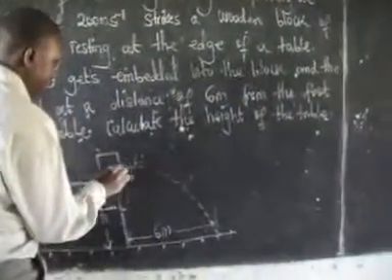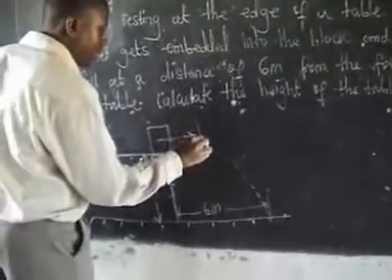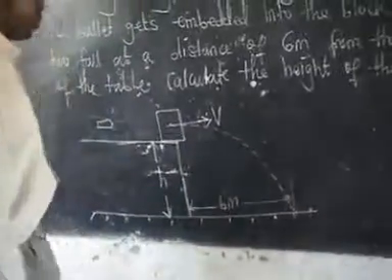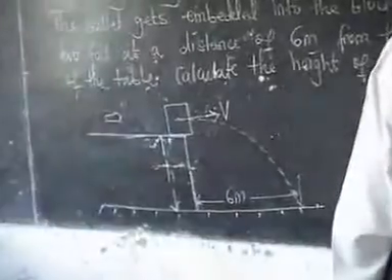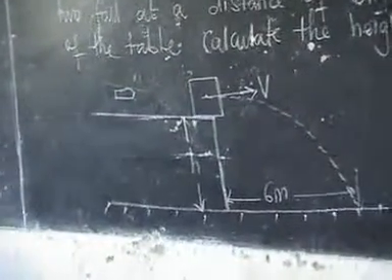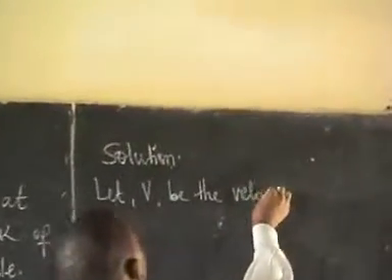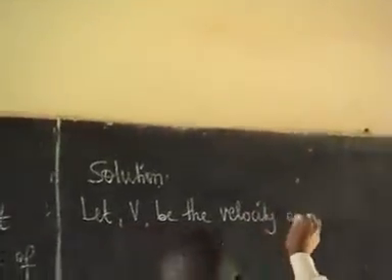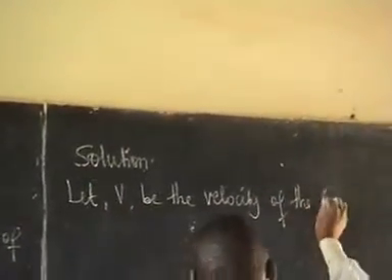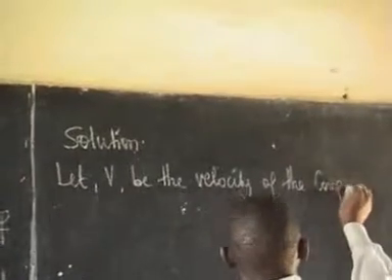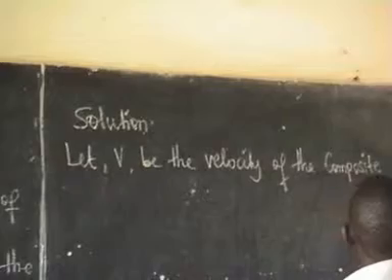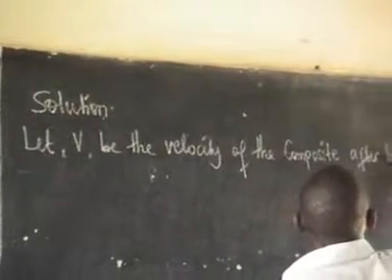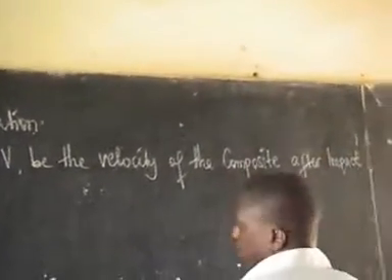Let v be the velocity of the composite after impact.